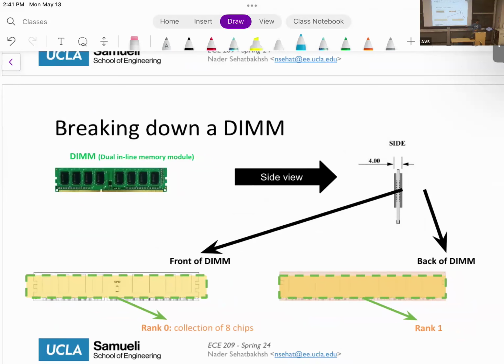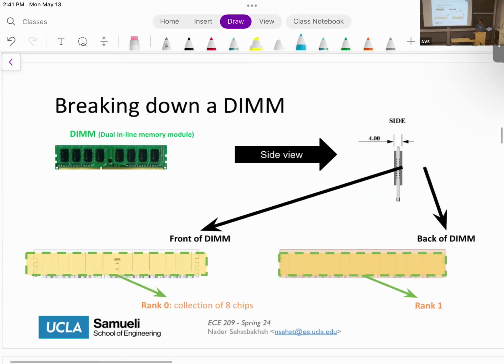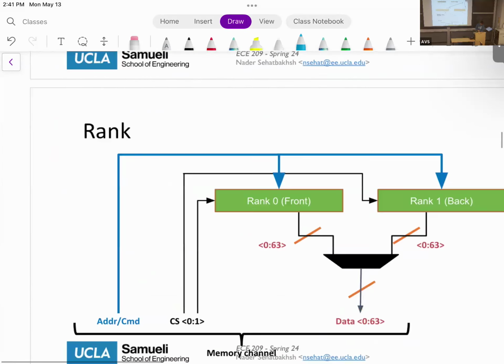So usually the front side we call rank 0, and the back side we call rank 1. Rank is important because it helps you address. For example, if you want to address one particular chip, you need to know whether this is the front or the back, in other words, whether this is rank 0 or rank 1, and then which of these chips it is. So rank is important in order to address. So as part of the address, you have to define which rank you are using.